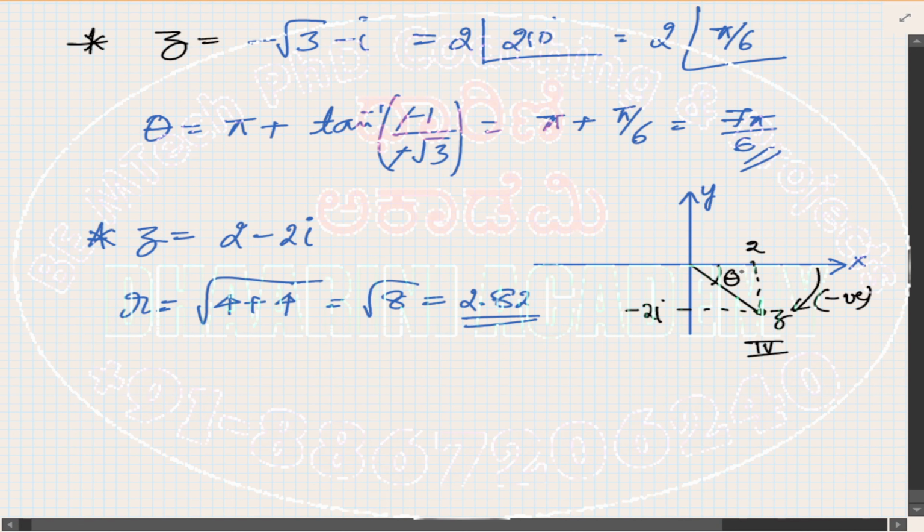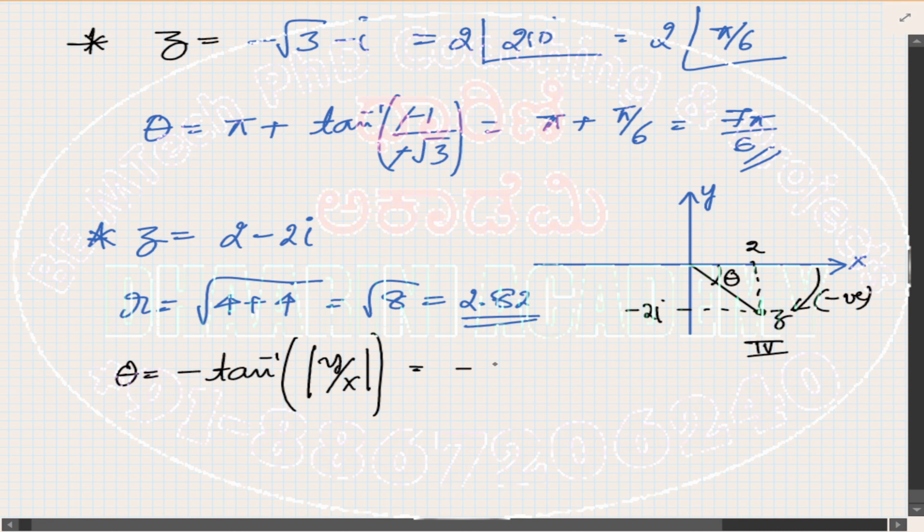Theta is negative because with respect to the x-axis, I measure a negative angle theta. So simply this theta is equal to, remember, only when the number goes into the fourth quadrant, minus of tan inverse of magnitude of y by x. You take a magnitude and make it negative, minus tan inverse.